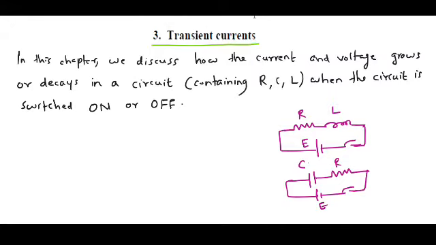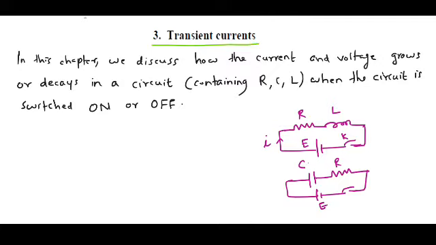When the switch is just pressed, a current starts to flow through the circuit for a certain time, and then the current will become stable. And when the circuit is broken, that is when the key is opened, the steady current starts to decrease and finally goes to zero. This is the growth and decaying of the current in the circuit.